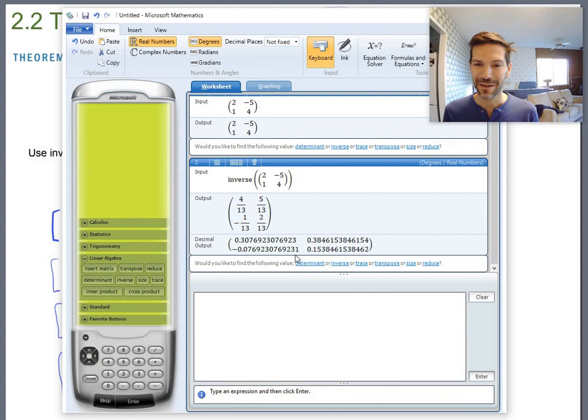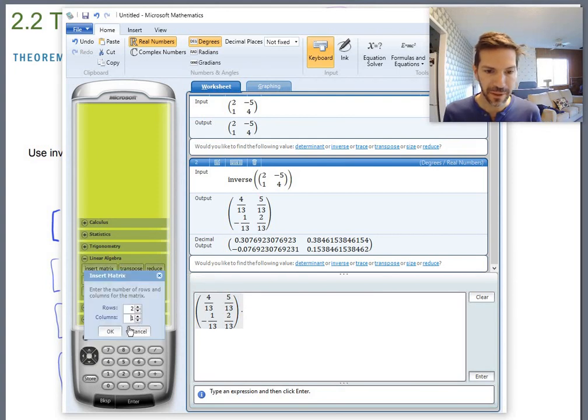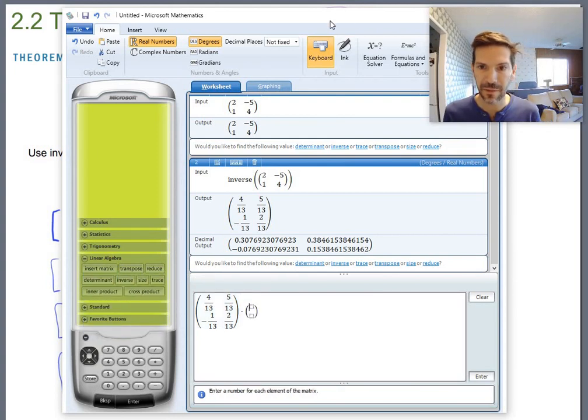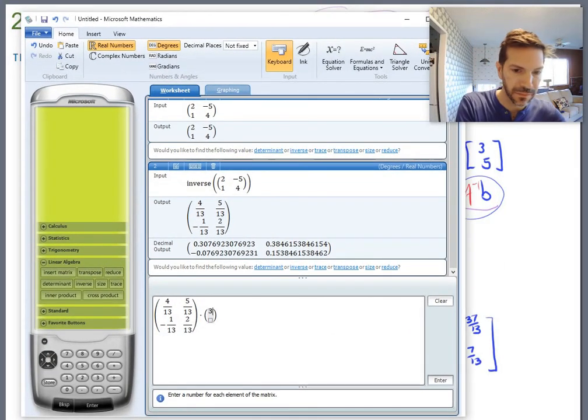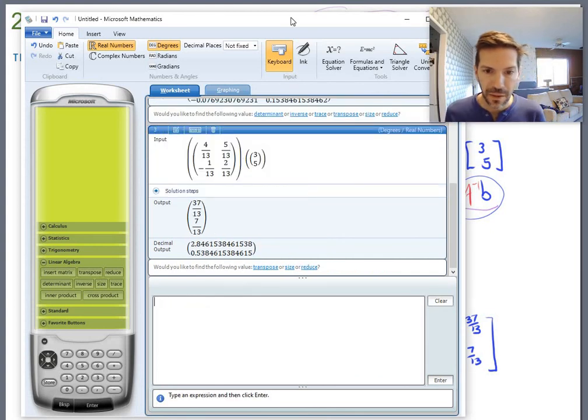So we wanted the inverse times, I want to insert a 2 by 1 matrix, which was 3, 5. And it is 37 thirteenths and 7 thirteenths. Okay, good. My multiplication arithmetic skills are still okay. I guess I can keep my job.